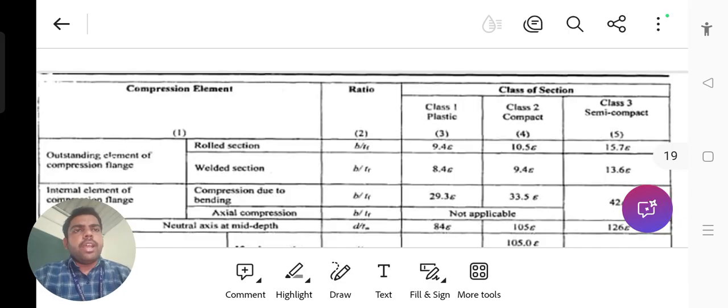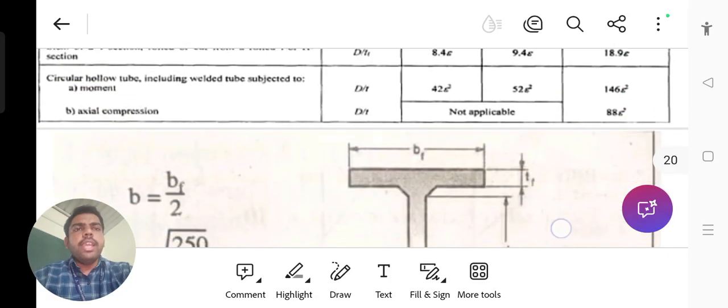Here, how to define that? The total cross section depends on B by TF. B means width of the flange and TF means thickness of the flange. Based upon those values, we have to finalize whether the section is categorized as plastic, compact, or semi-compact.